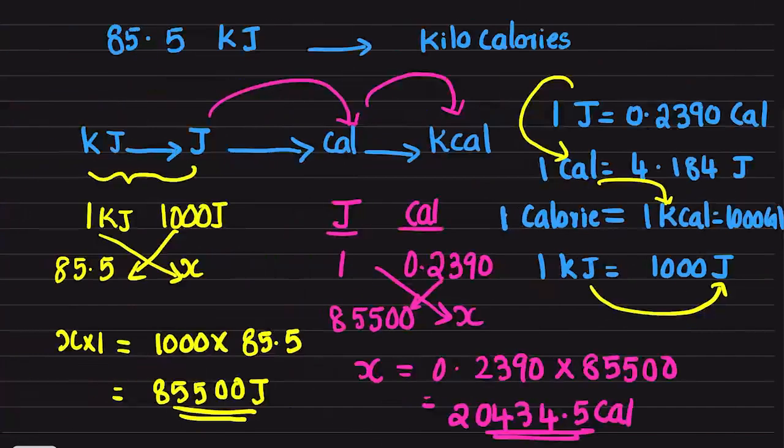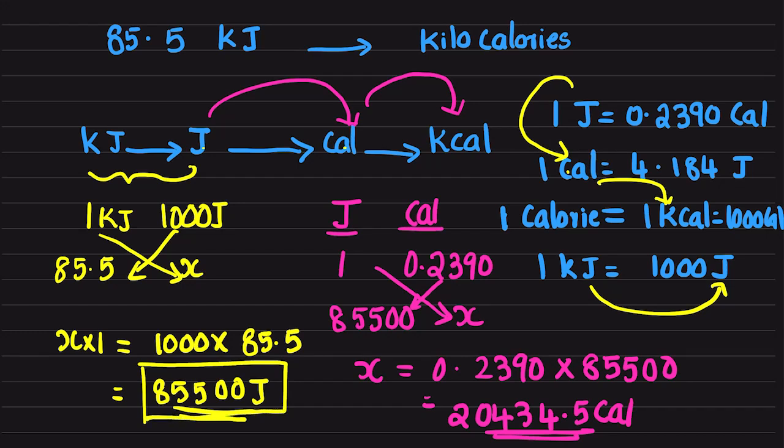So what we did here, they asked you to convert kilojoule to kilocalories. So the sequence you have to make: kilojoule to joule, joule to cal, cal to kilocalories. First you pick 1 kilojoule equals 1000 joule, so 85.5 cross multiply, you get the answer in joule.